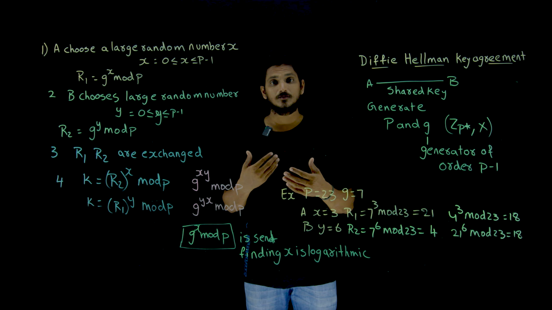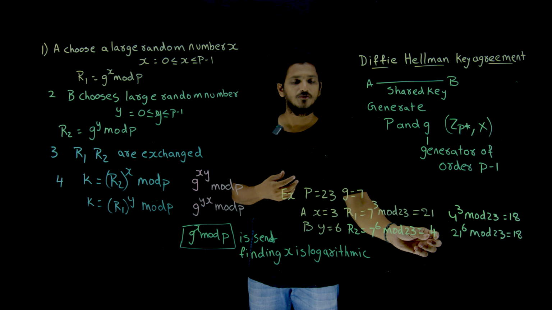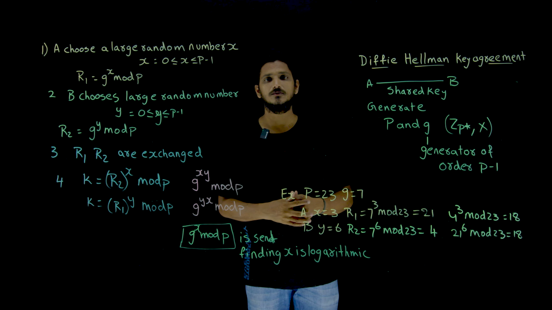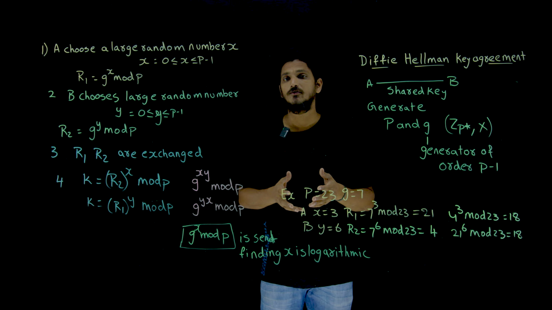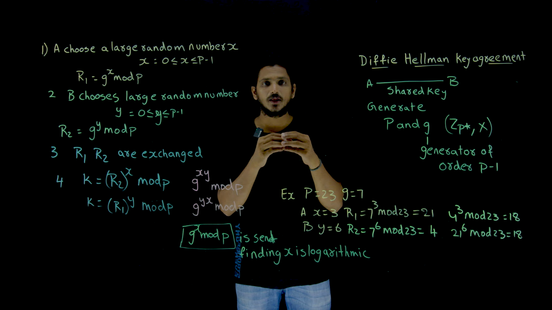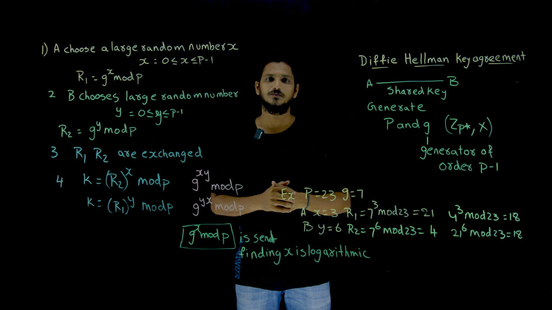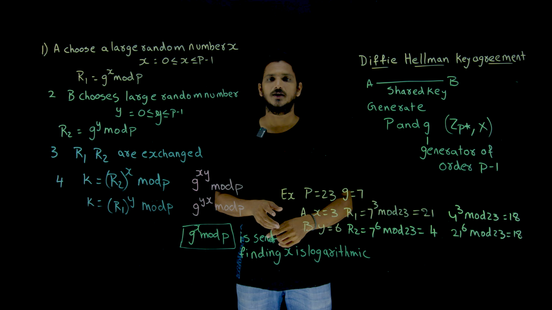You may get a question: by taking the 21 and 4 values, can't we generate the X and Y values? No, we cannot, because we are not sending X and Y over the internet. We are sending the G power X mod P value, which means 21 is sent and 4 is sent.